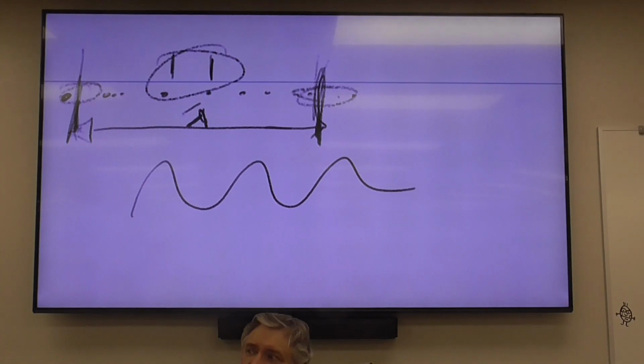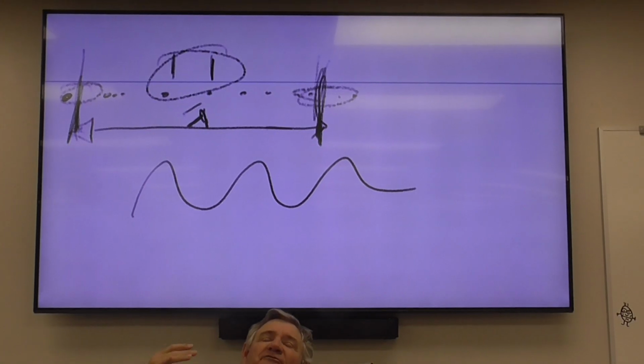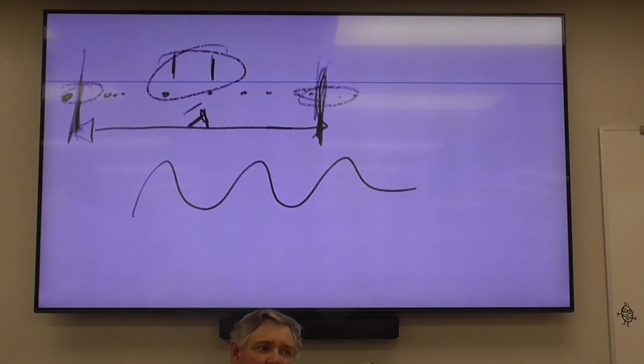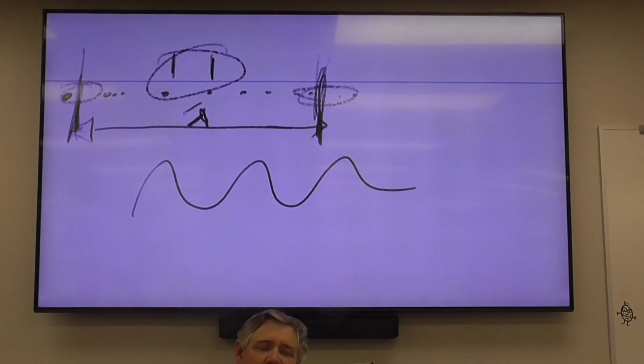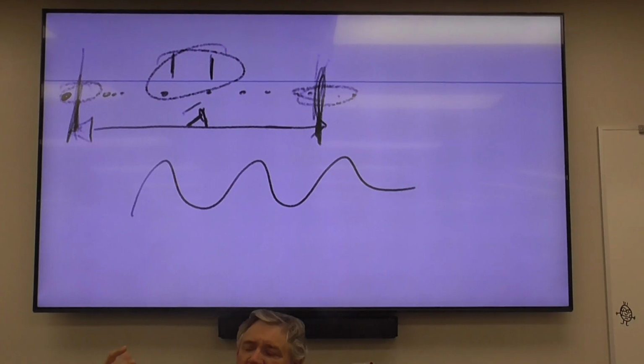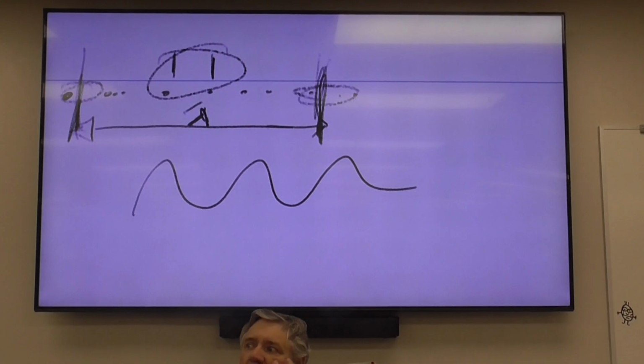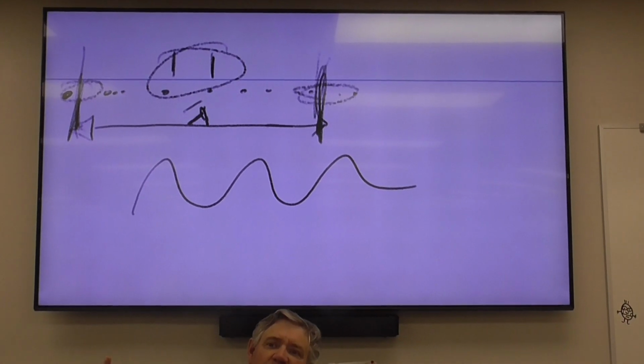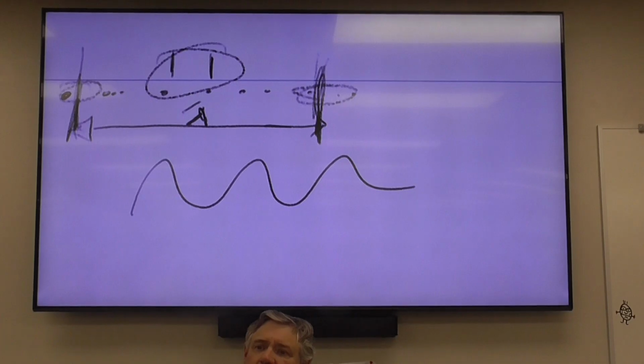There isn't much of an amplitude to it. Now, if I talk real loud, did the sound travel any faster? No. Why did you hear it louder? Bigger amplitude.